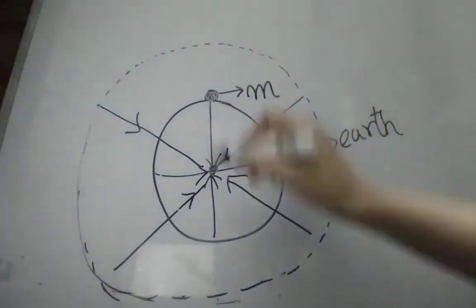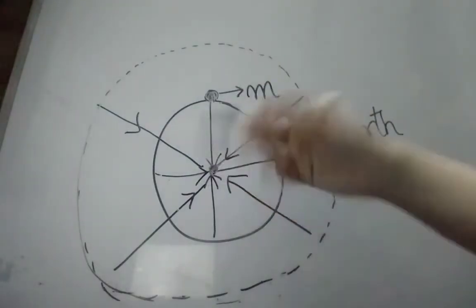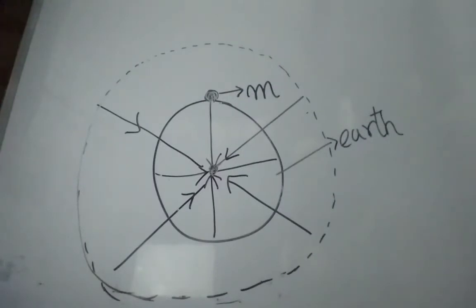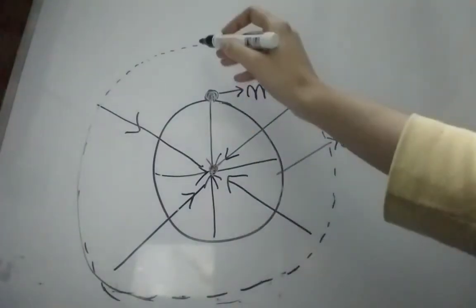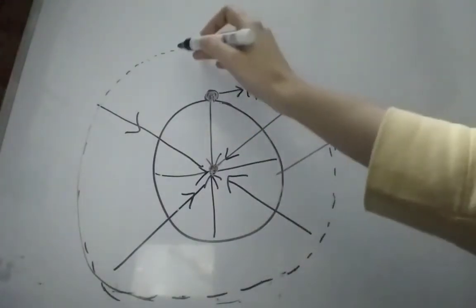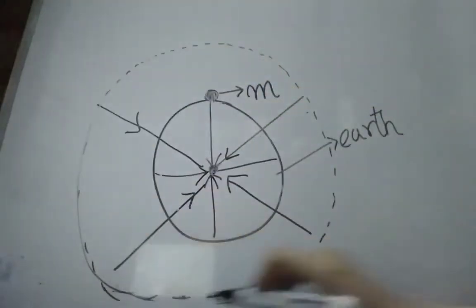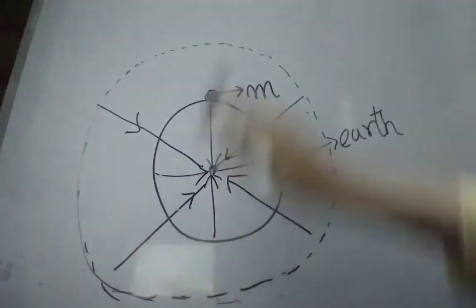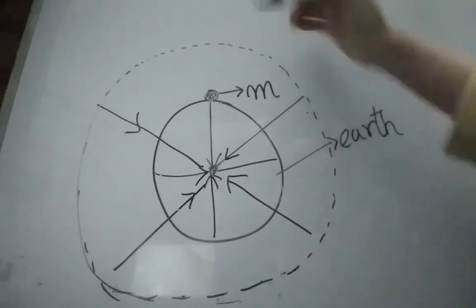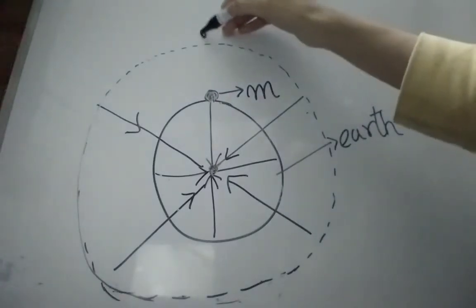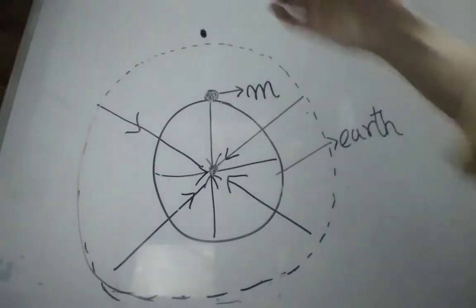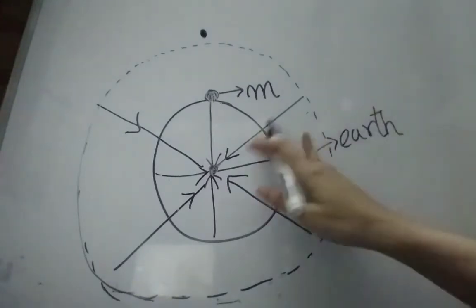Suppose this gravitational pull is applicable on the objects which are placed within this dotted line, and beyond this dotted line, if we place any object, then that object will not feel the gravitational pull of this earth.